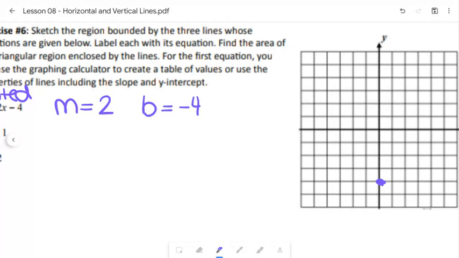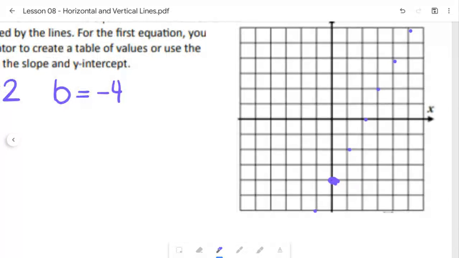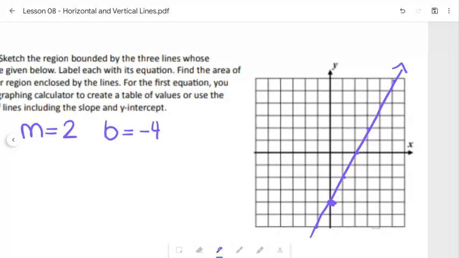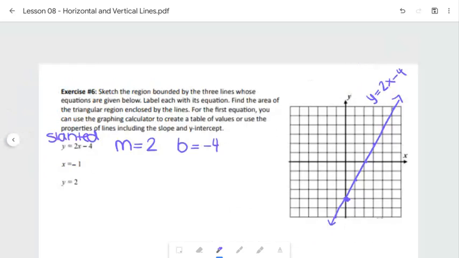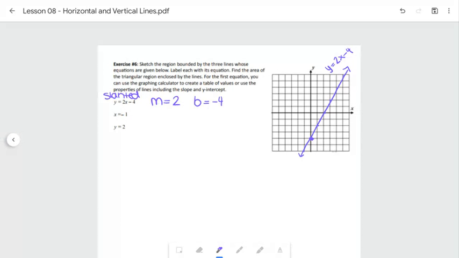Then my slope is up 2 over 1. So I'm just counting up 2 over 1 each time. And I could count down 1 to the left. But that first line is going to run through here. Okay, and I have to label it, so it's y equals 2x subtract 4. So this is my first equation.